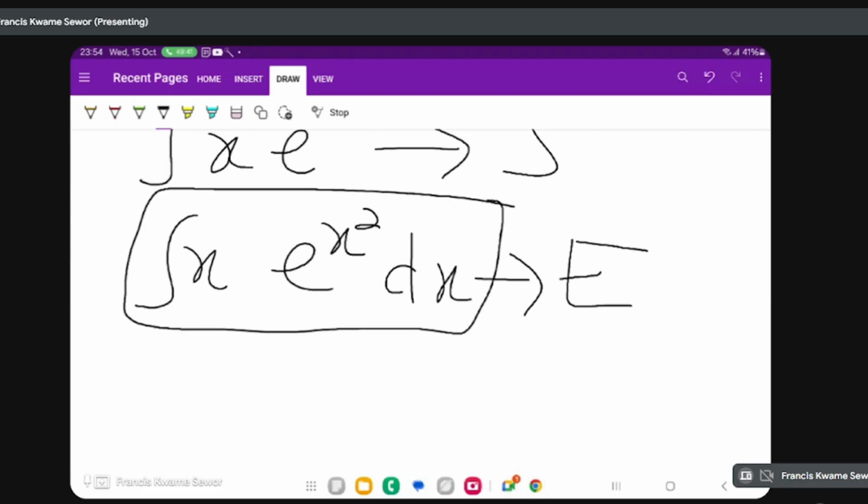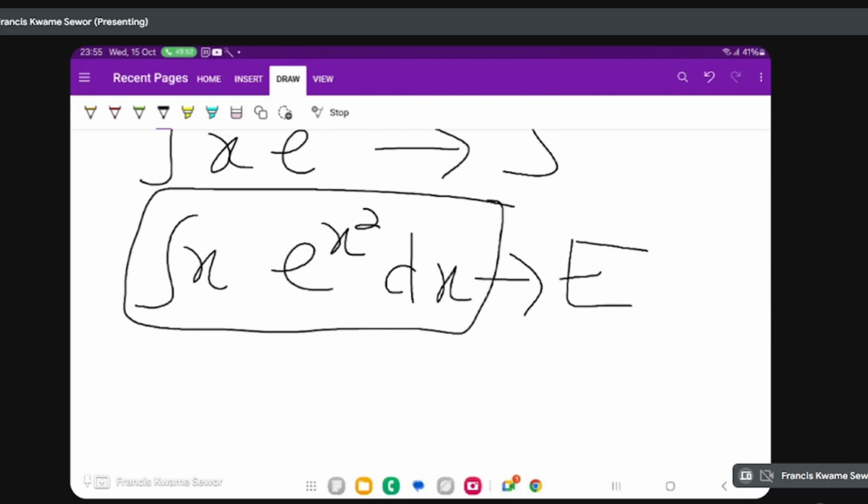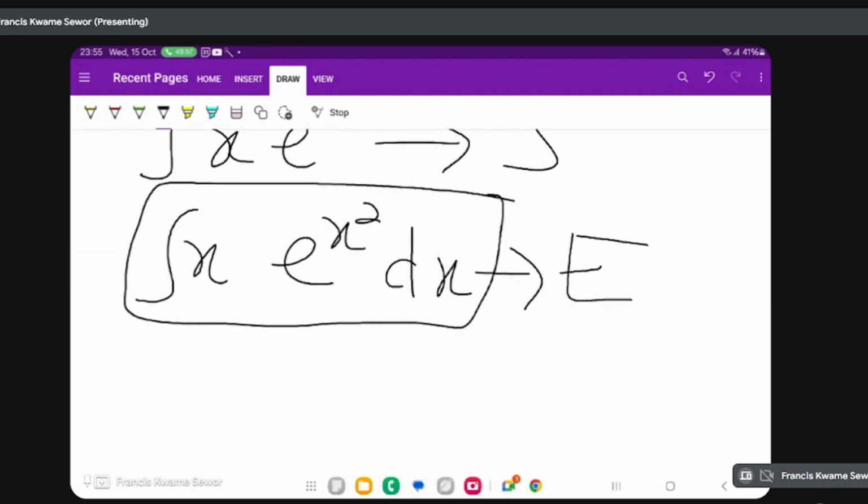Wait, you say the power one was? For the power, when the functions are raised to a power, you can check whether you can use substitution. How do you check?